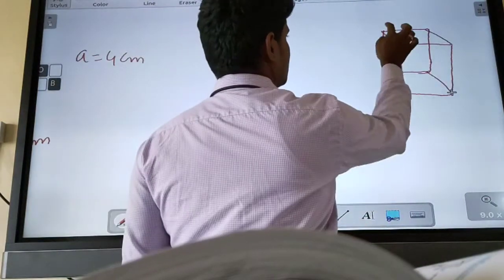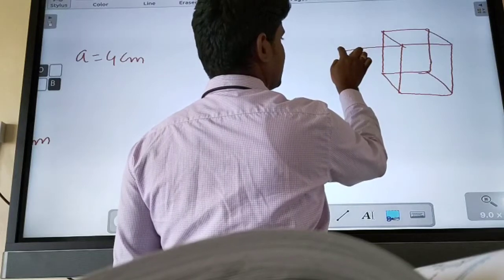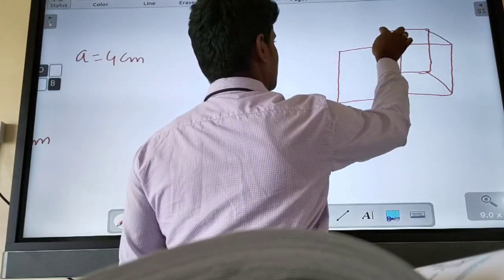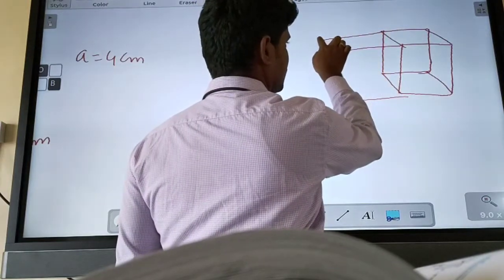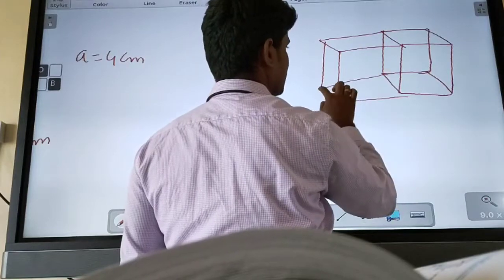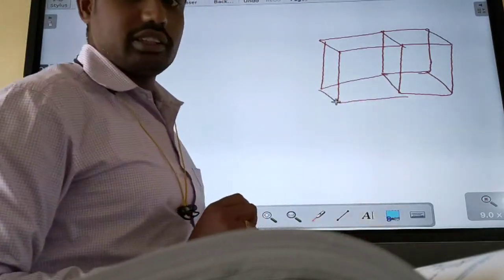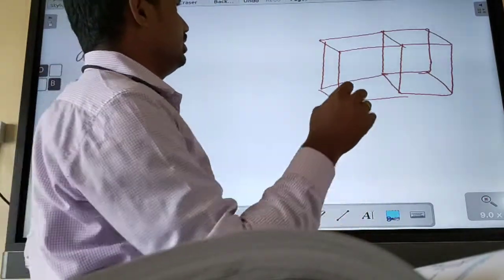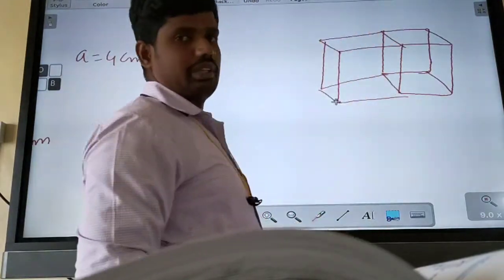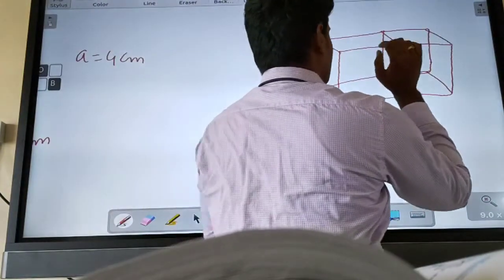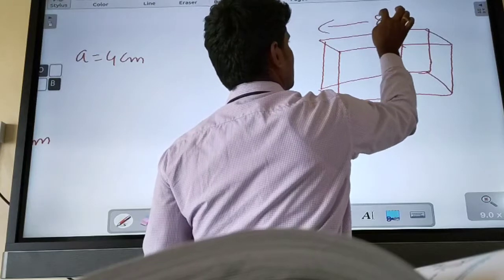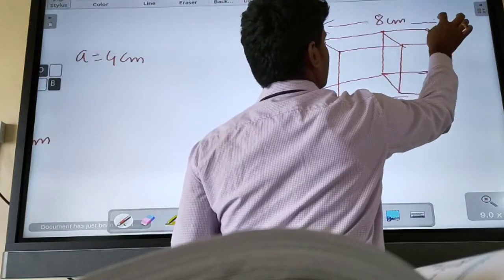Another cube. Two cubes joined end to end. The length of one cube is 4 centimeter. The length of two cubes is equal to 8 centimeter.